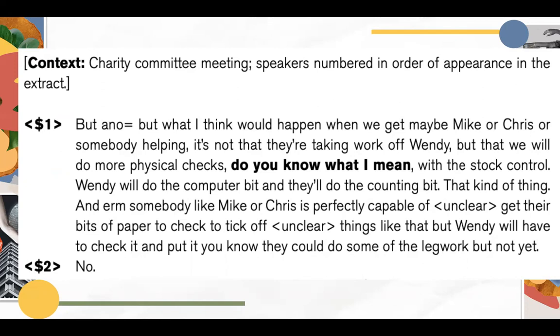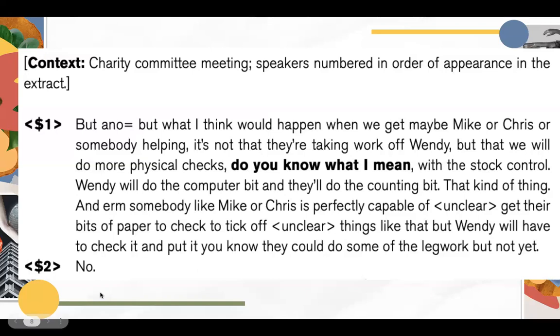And somebody like Mike or Chris is perfectly capable of, get their bits of paper to tick off things like that, but Wendy will have to check it and put it in. They could do some of the legwork but not yet. So Speaker 2 answered no.